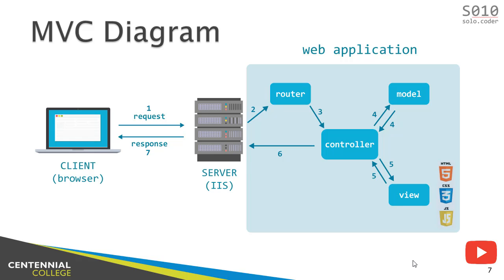The controller will get that request, and it may request data from a database. It may request data from a model. So when you see model, we're talking about data here. We're talking about a student class, an account, or a collection of students, or a repository that will read information from a database.